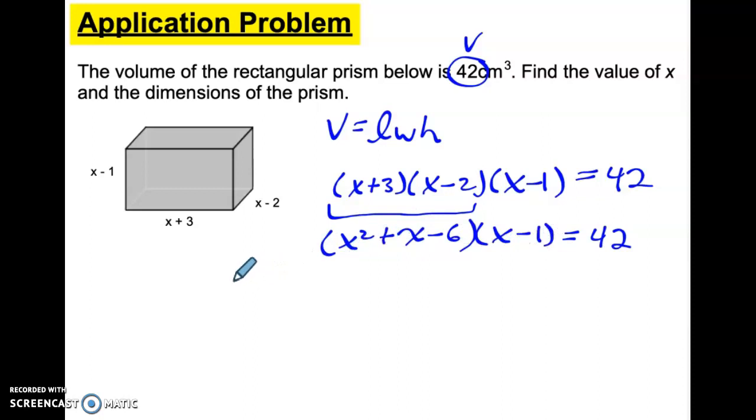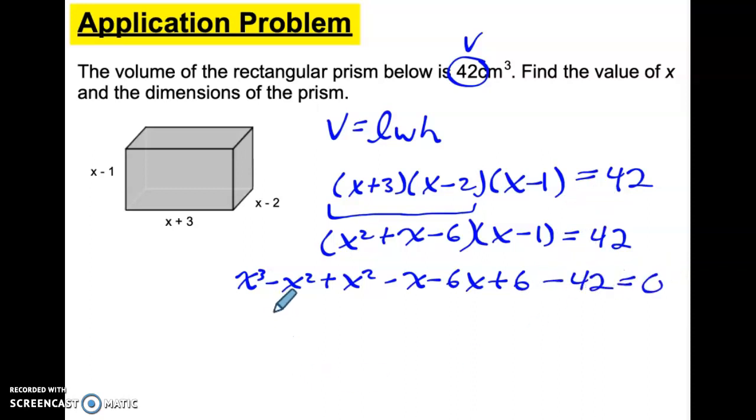So expanding that all out, I would get x cubed minus x squared plus x squared minus x minus 6x plus 6. And I can also move the 42 over, so minus 42 equals 0.